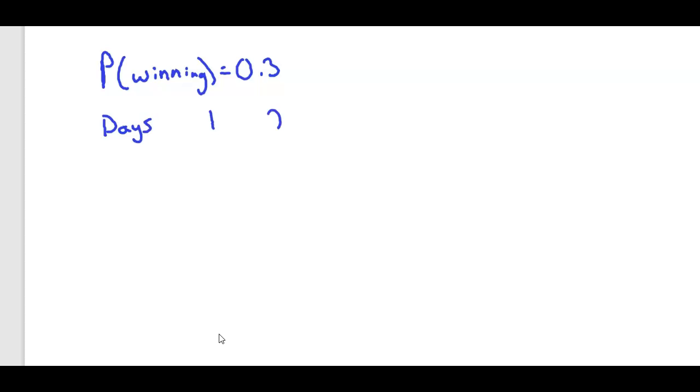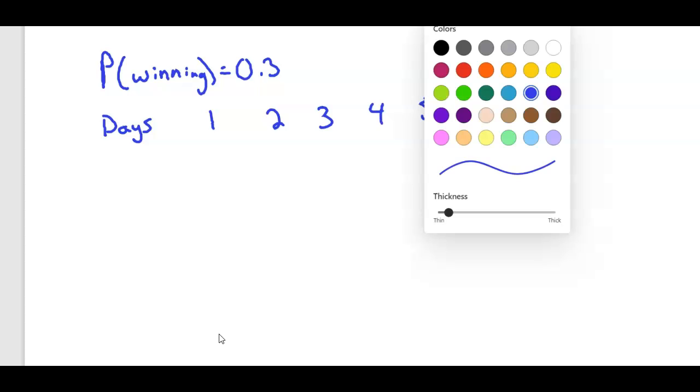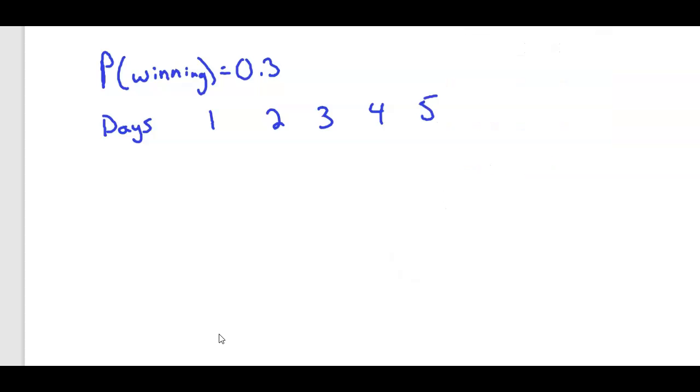Okay, so here's the deal. We know that the probability of him winning on a lottery ticket is 0.3. And we know that he buys a ticket on day 1, 2, 3, 4, and 5. We want to know that he wins on at least one of these days.